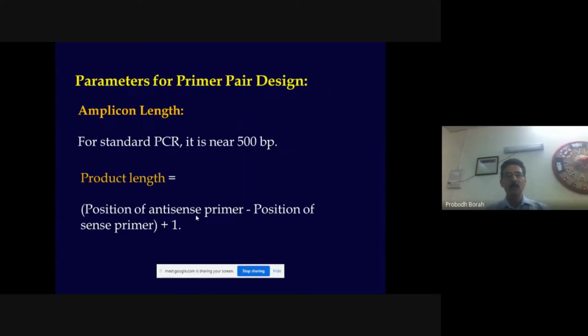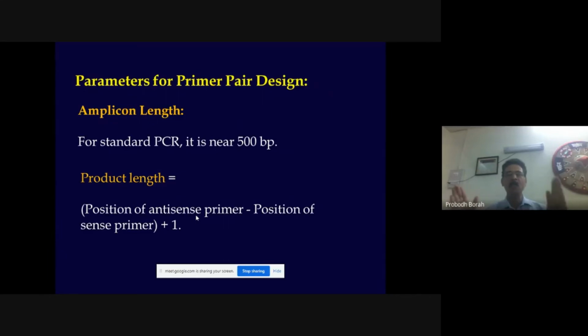So that means we have to see the position at which the forward primer is annealing, the first position, and also we have to see what is the position from which the reverse primer is annealing in the other strand in the reverse direction.